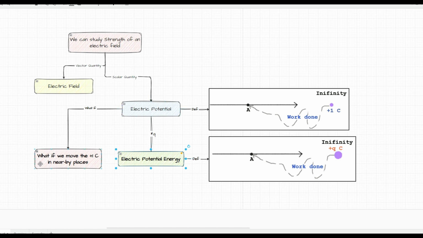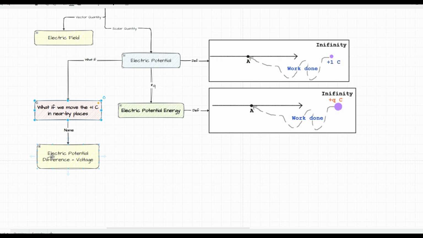Now, what if we move the positive charge, but not from infinity, from some nearby place? Well, if we move a charge from nearby places, it is given a name, and that name is electrical potential difference, which you guys have generally heard as voltage. The other name for electrical potential difference is voltage.